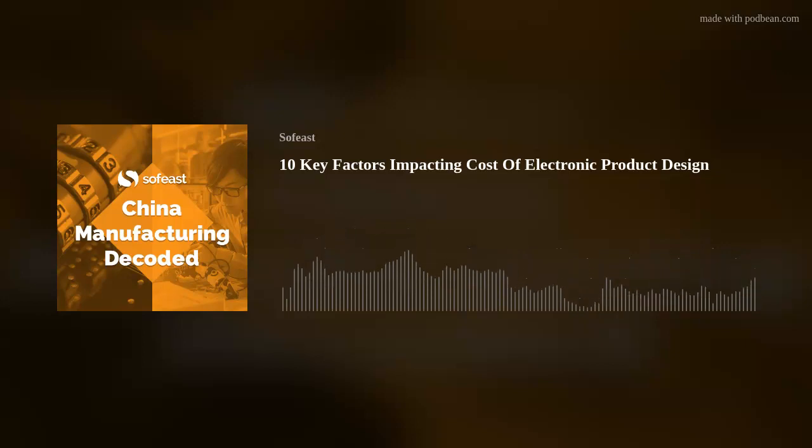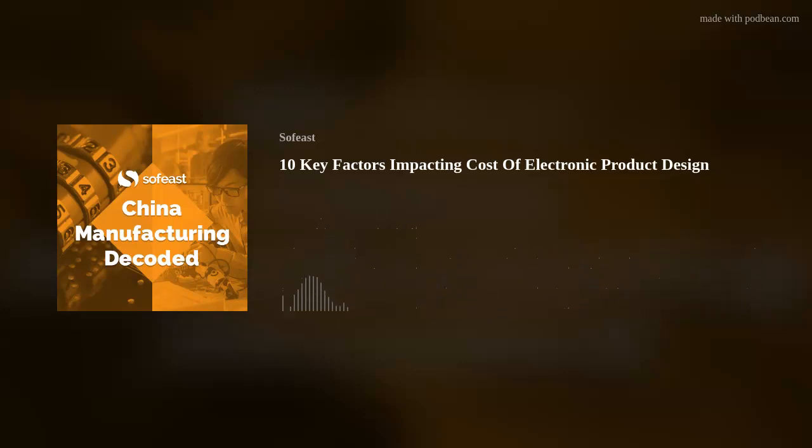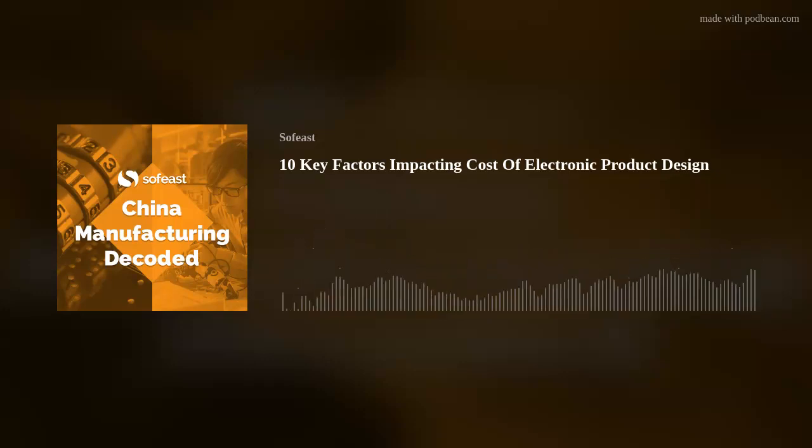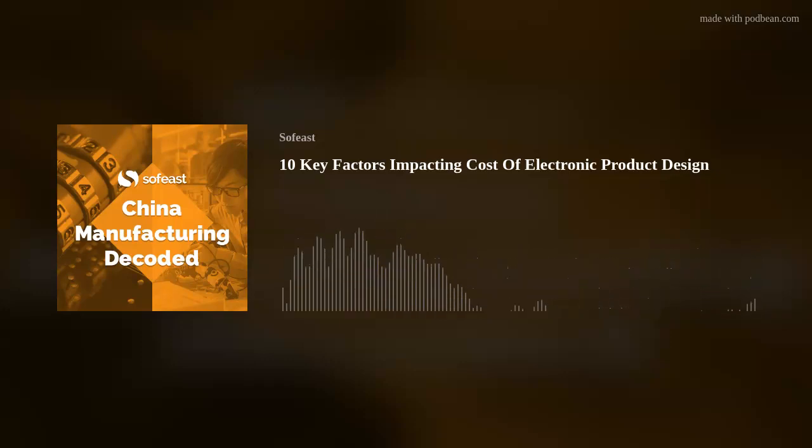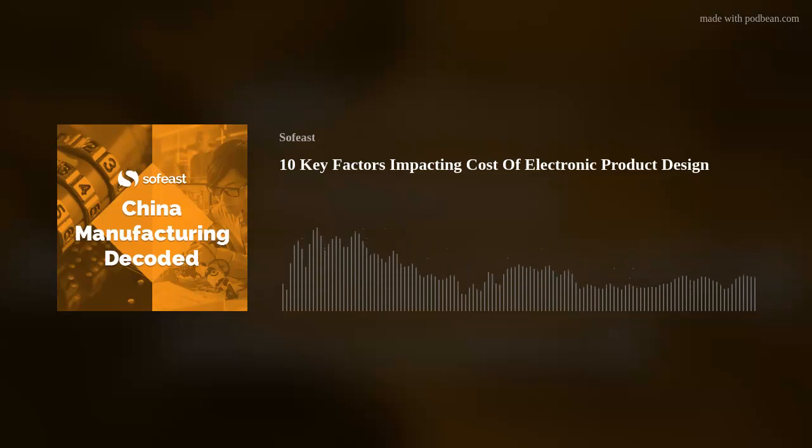What we're going to talk about today are 10 key factors that whoever is working on building a product needs to keep in mind when designing it, so that hopefully these 10 key elements will help them have a more cost effective solution, in terms of reduced or balanced cost.